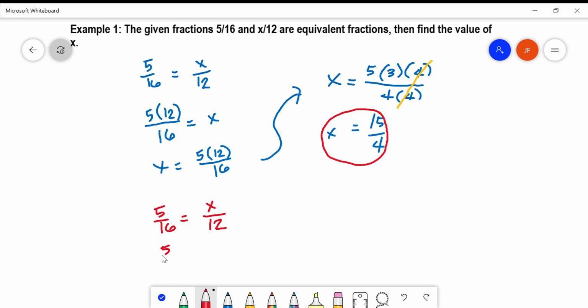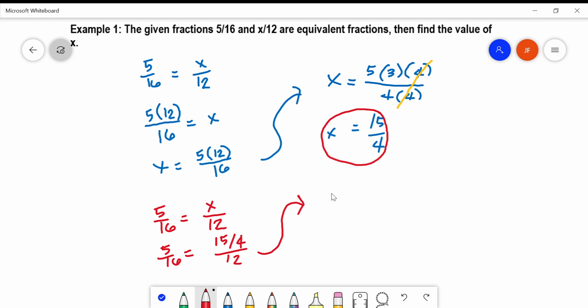So 5 over 16 equals x, which is 15 over 4, divided by 12. Okay, it's a bit complicated, a fraction within a fraction, but we are going to do this bit by bit so that we will understand how to solve this problem.